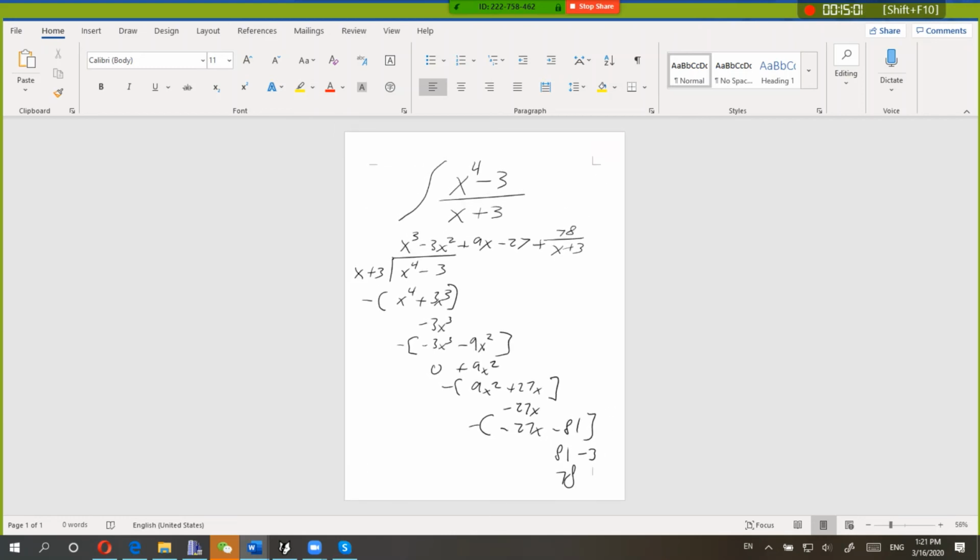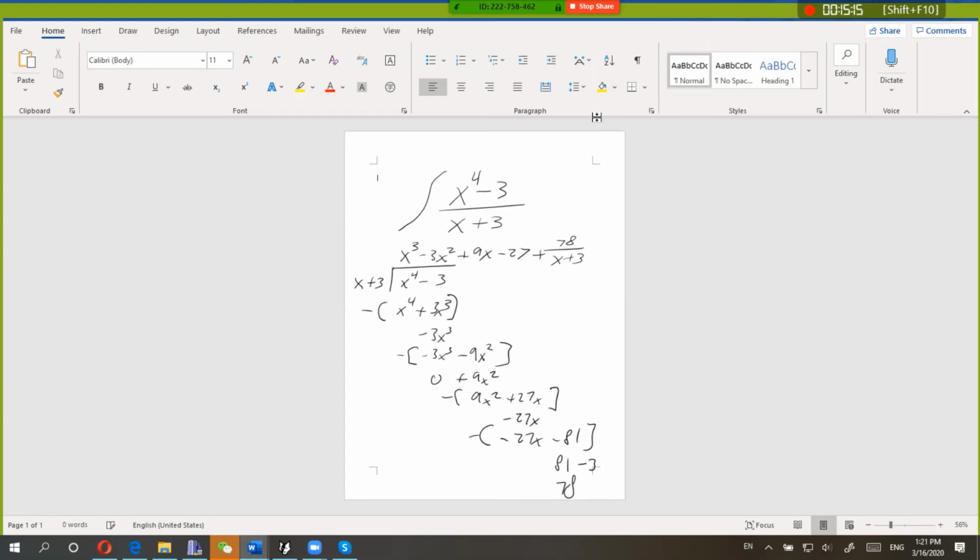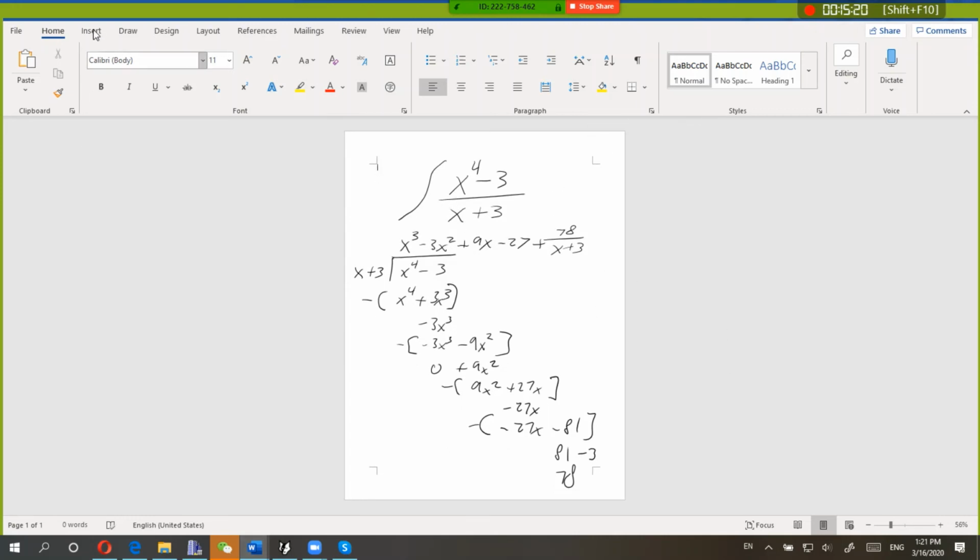Okay, so what that means is this whole integral is equal to this polynomial. Let's add another page.